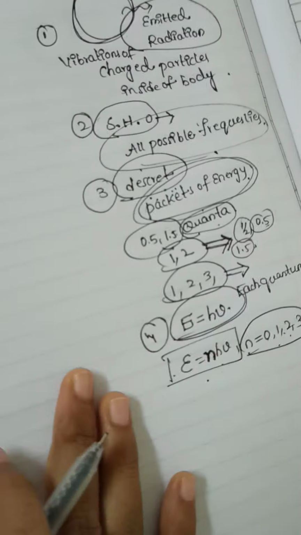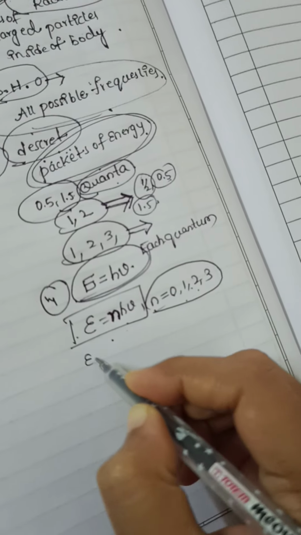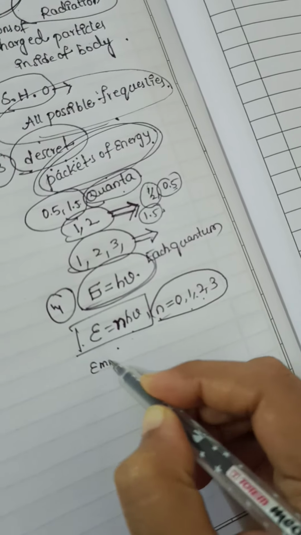Now the emitted radiation propagates in the form of waves, according to Planck. So each oscillation contains a frequency and the total energy can be represented as n h nu, where n is 0, 1, 2, 3.